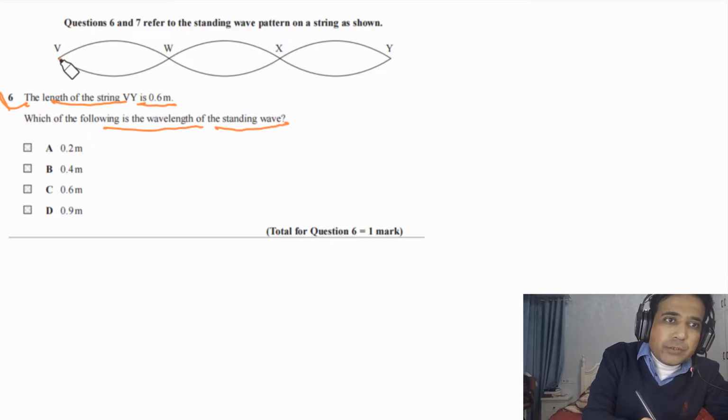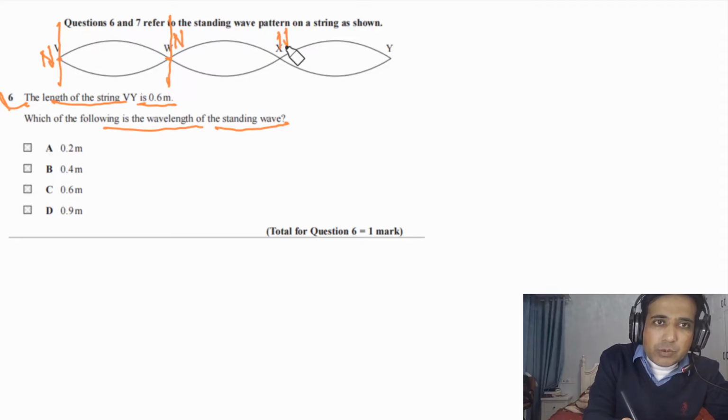Wavelength. So first thing we need to understand is the distance between two consecutive nodes. So here we can mark this point, which is called a node. This is also a node, and this point is also a node. You need to understand the distance between any two consecutive nodes is lambda by 2.